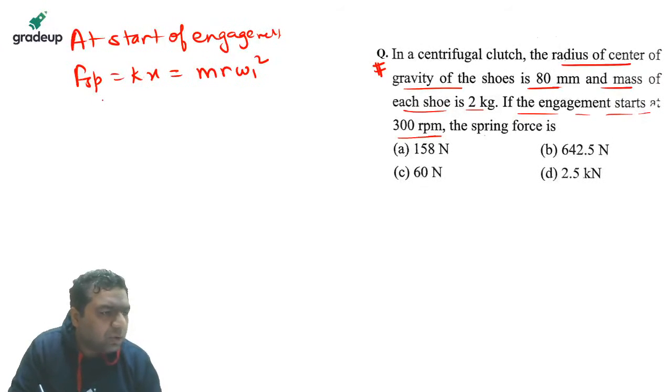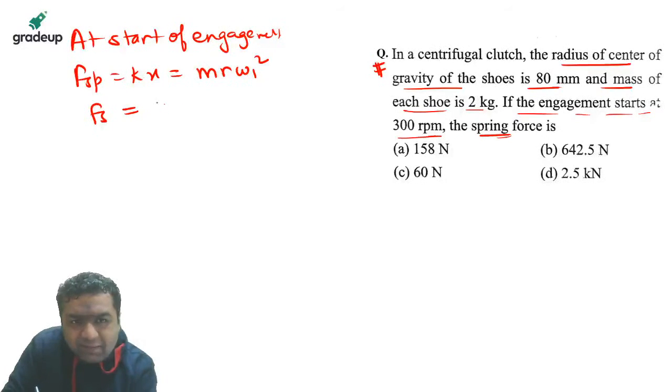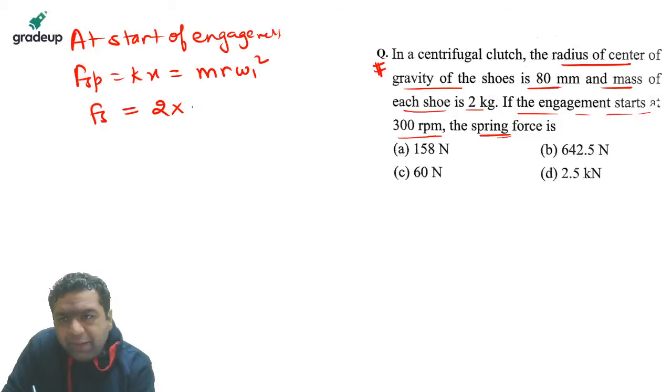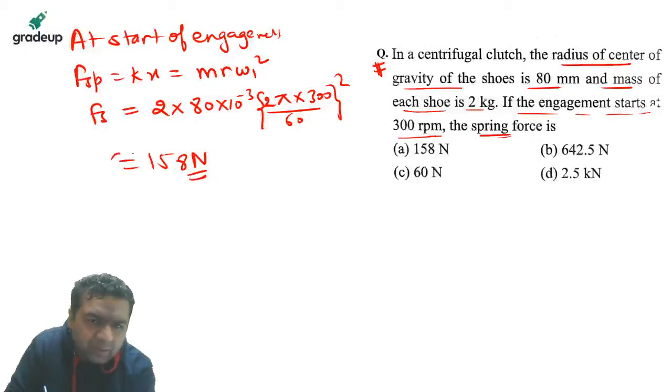Very good, Farooq. So when you equate it, you will get the spring force equal to, you need to answer it. Mass is given as 2, radius is given as 80 mm into 10 power minus 3, omega 1 is 2 pi into 300 by 60 whole square. You will get approximately 158 Newton.